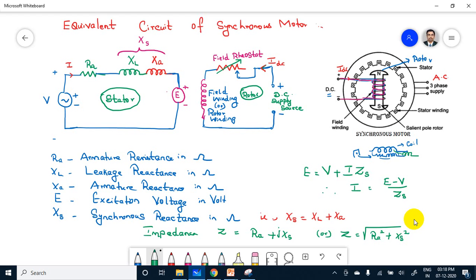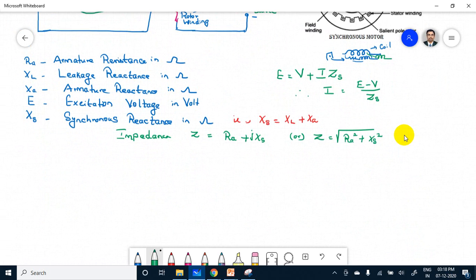This is for excitation voltage per phase. Okay, this equation is for excitation voltage per phase.